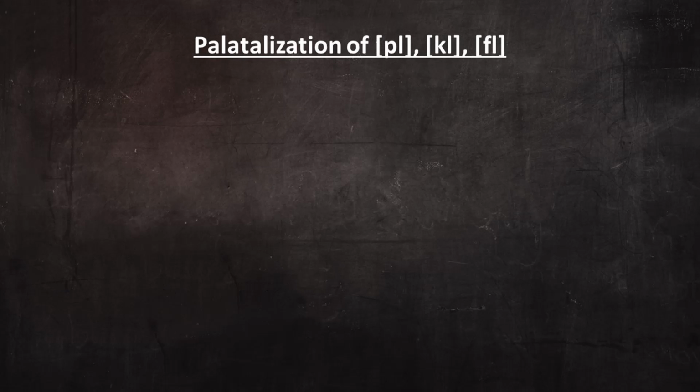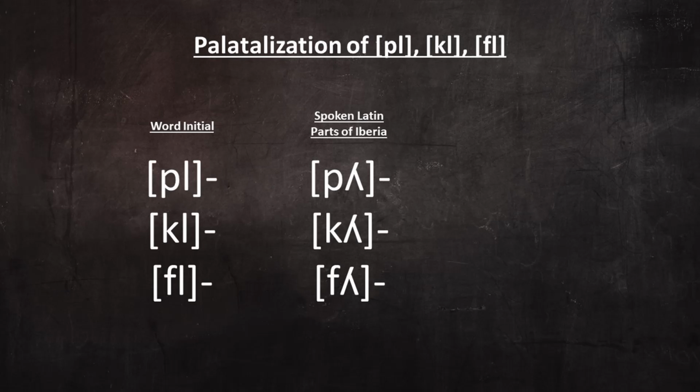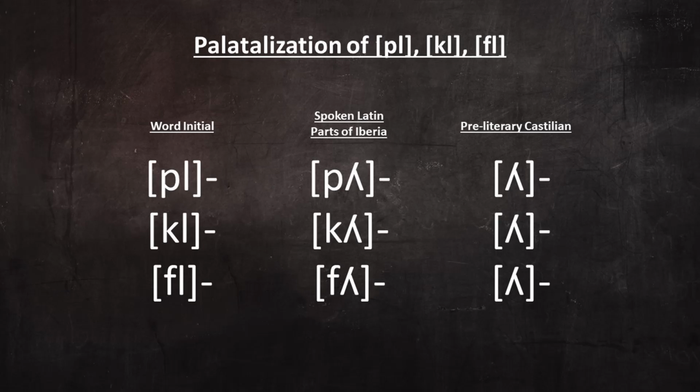Palatalization of pl, cl, and fl. Something really interesting happened with word initial pl, cl, and fl in Old Spanish. First, it seems that the L in these groups palatalized to lakey early on in the spoken Latin of parts of Iberia. Later, in pre-literary Castilian, in most cases the initial consonant was absorbed by the lakey.